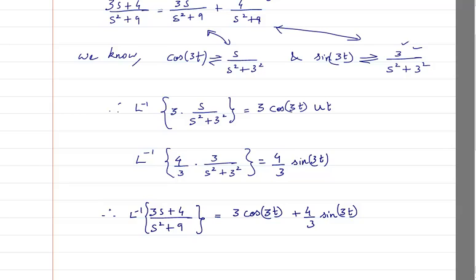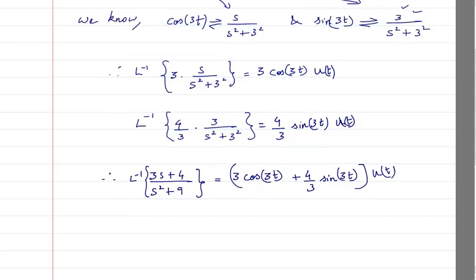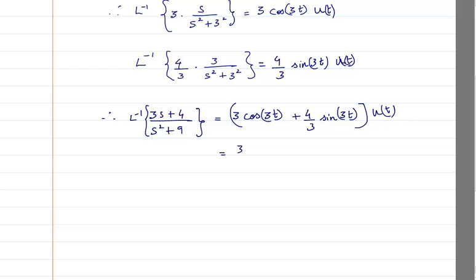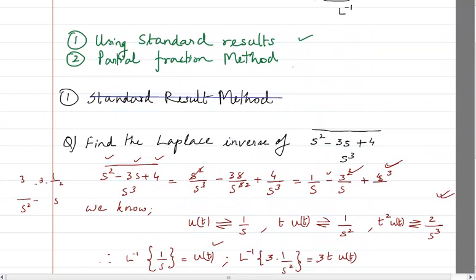I have to write u of t, so it comes as u of t times 3 cos 3t plus 4 by 3 sine 3t, or what is preferred in most textbooks is 3 cos 3t plus 4 by 3 sine 3t for t greater than 0. Instead of writing u of t, you can write for t greater than 0. Okay, this is the way in which we use the standard results method.